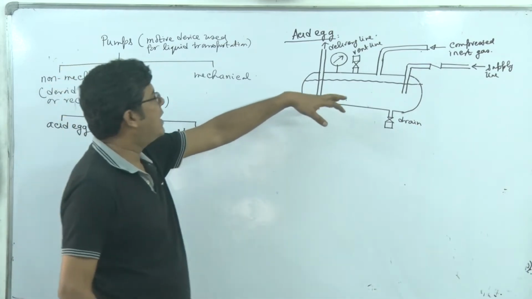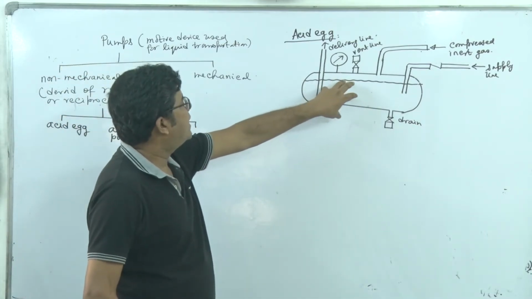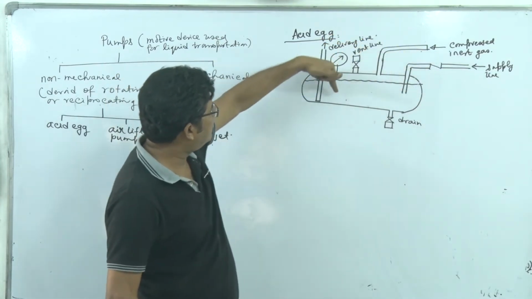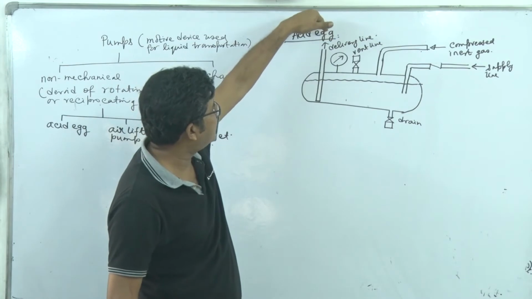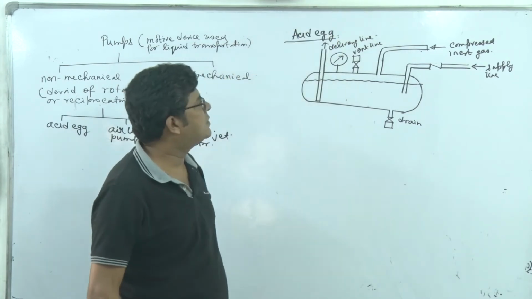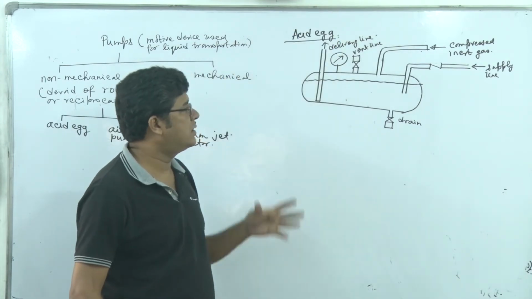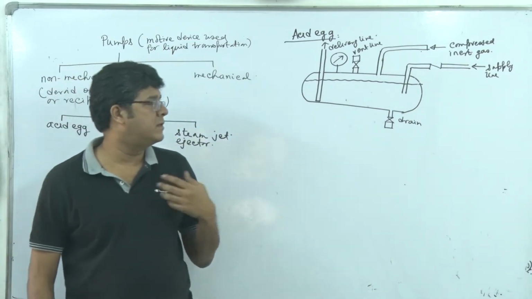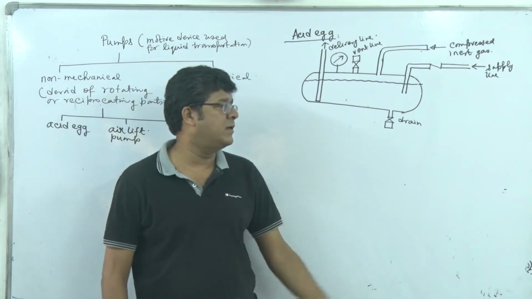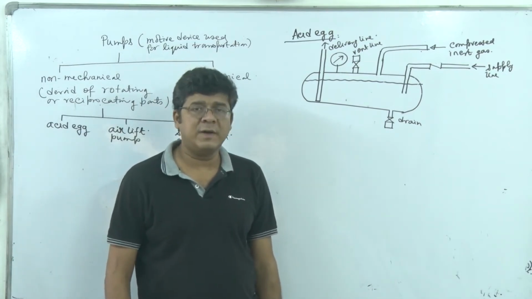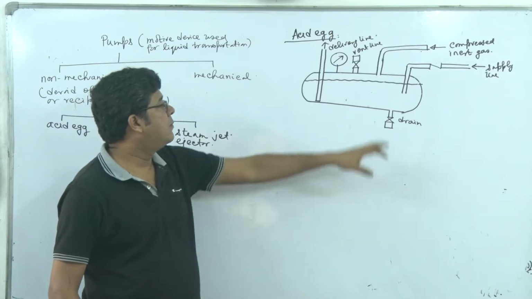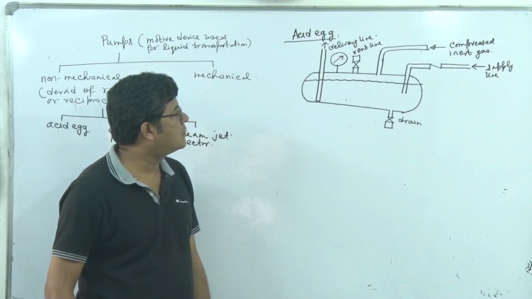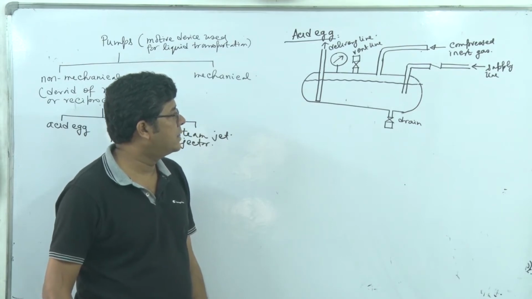So what will happen? Once we have the liquid here, pressurized by this inert gas, the liquid will flow through this delivery line. It's a very elementary design, but was highly useful in older-day chemical industry, maybe 50, 60 years back, for the transportation of corrosive and hazardous liquids.